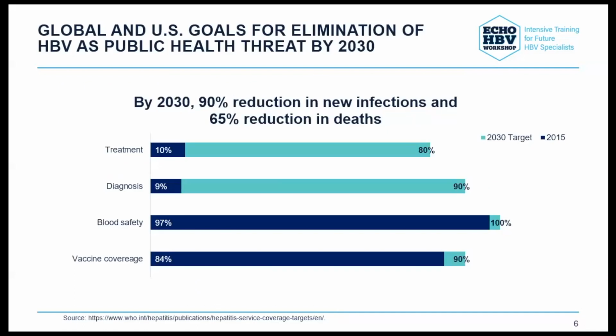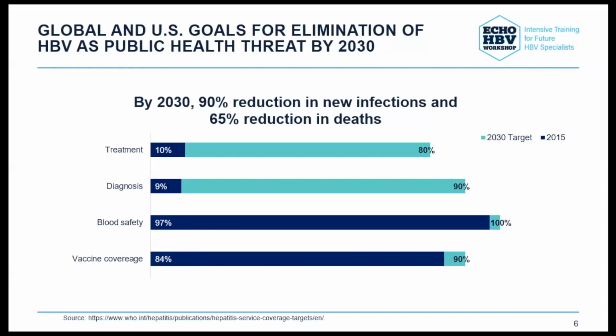Because this disease has a huge financial burden and disease burden, WHO declared that by 2030, we need to eliminate viral hepatitis, mainly hepatitis B. We try to achieve the goal of a 90% reduction in new infections and a 65% reduction in death.